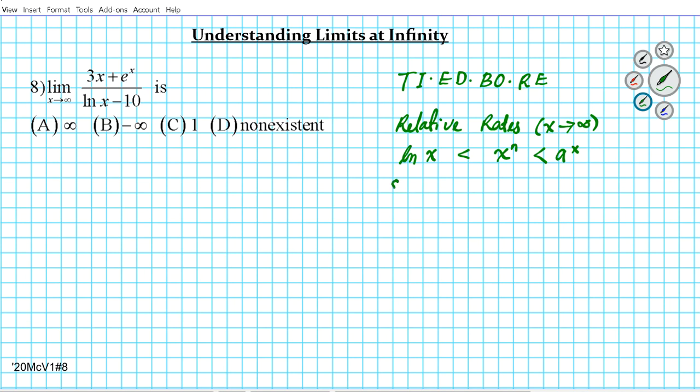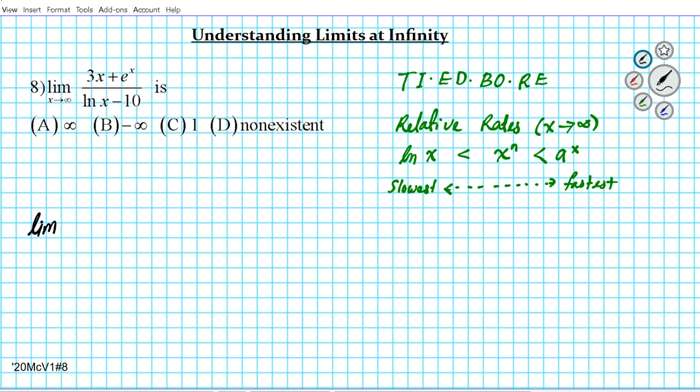So this is the slowest growing as you're tending towards infinity, all the way to your fastest right here. So these are the relative growth rates for comparing how fast logarithmic, power, and exponential functions grow as x tends towards infinity.